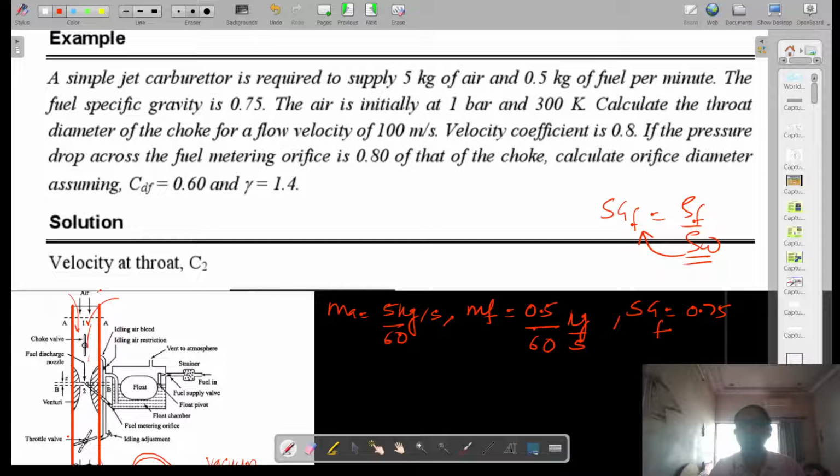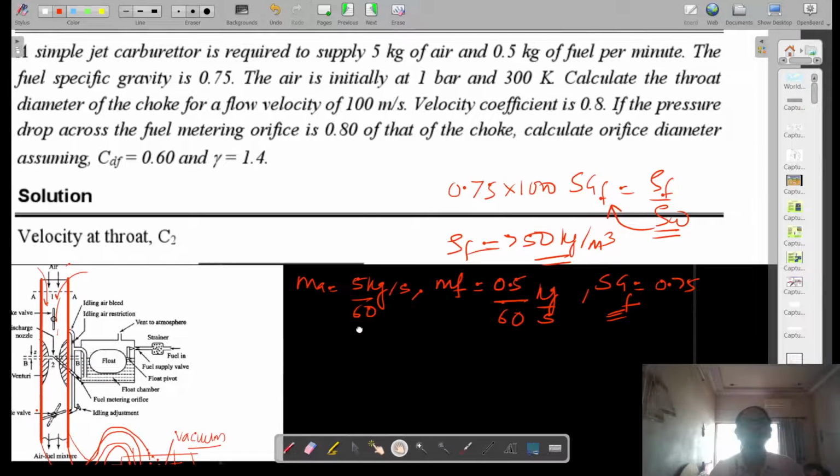So 0.75 multiplied by the density of water gives you the rho f value, which can be calculated in kg per meter cube. You should know how rho is calculated. So the specific gravity is 0.75.